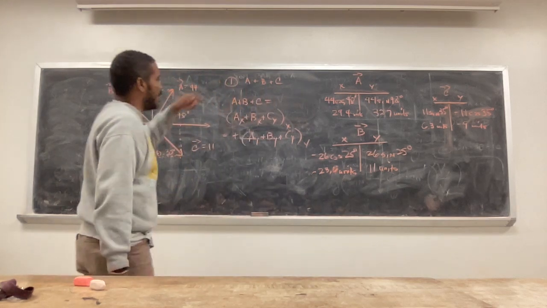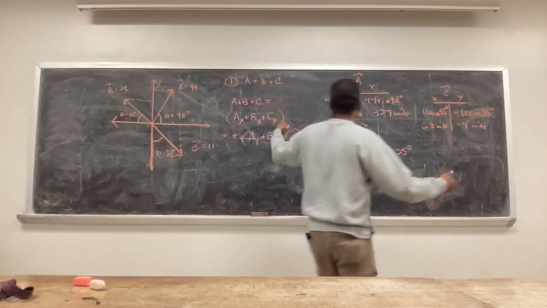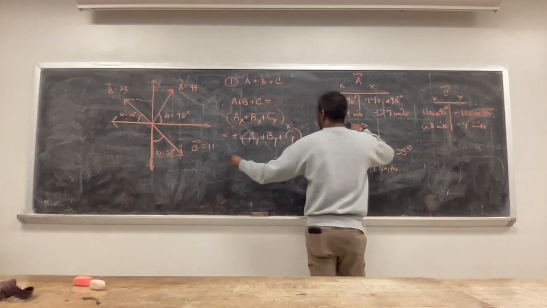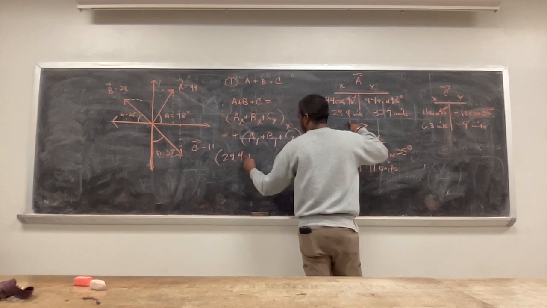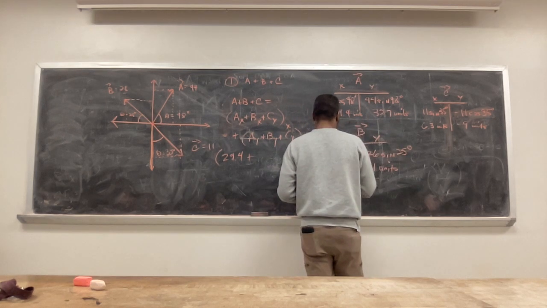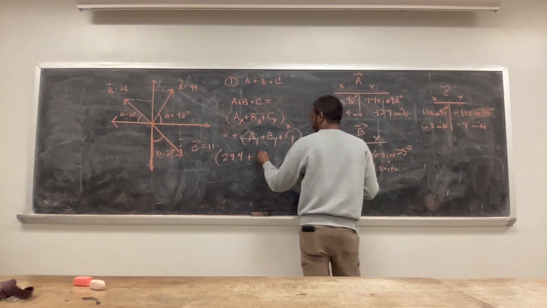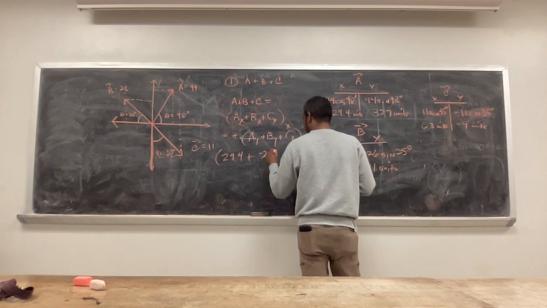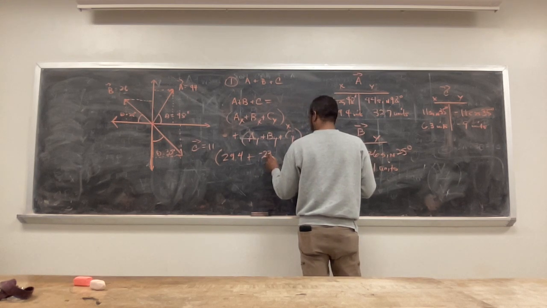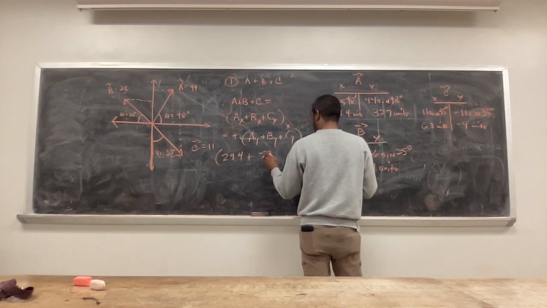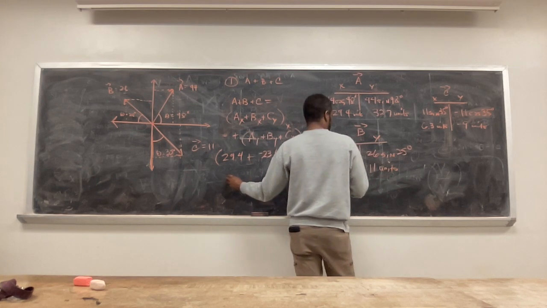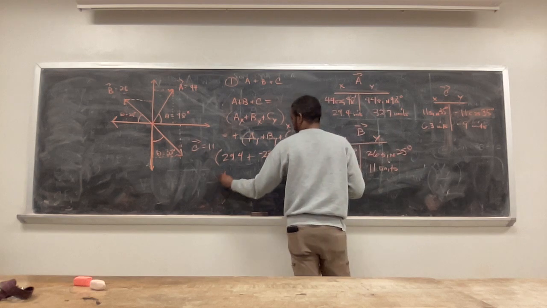So then we just plug in the numbers now, right? 29.4 plus negative 23.6, that's BX, plus 6.3.